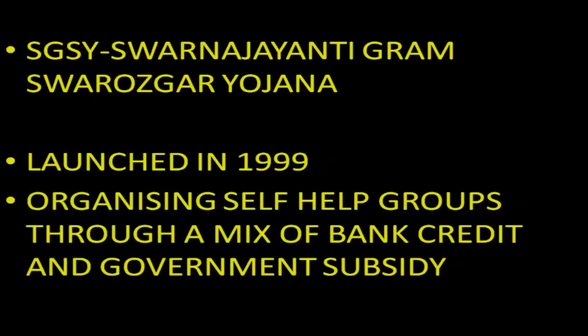One more program that was launched in 1999 is the SGSY, that is the Swarna Jayanti Gram Swarojgar Yojana. It basically focused on how to organize the people into what is called as self-help groups.